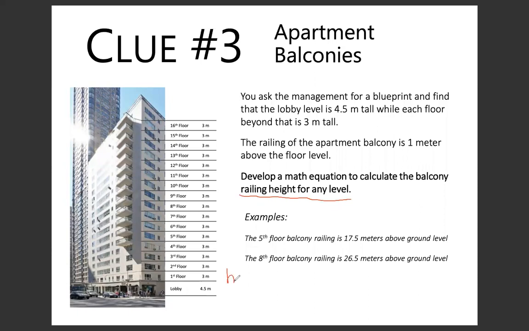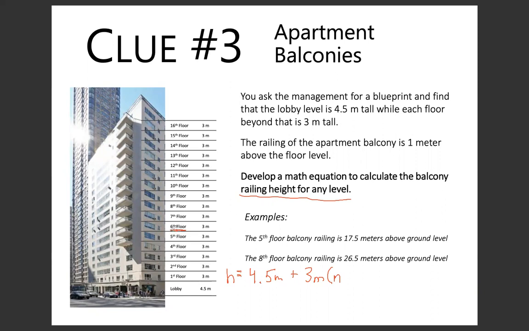The height at any level above the ground is going to be, you're going to have to deal with that lobby height, 4.5 meters, plus, well, however many floors you are, there's going to be 3 meters per floor. So that's going to be 3 meters times the number of floors. But the thing you have to realize is that when you're standing on, let's say, the 6th floor, you're not at the top of that floor.